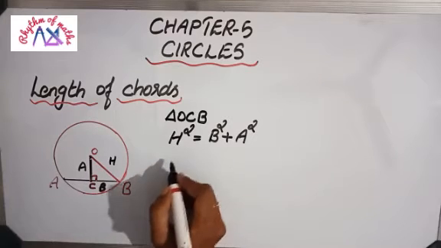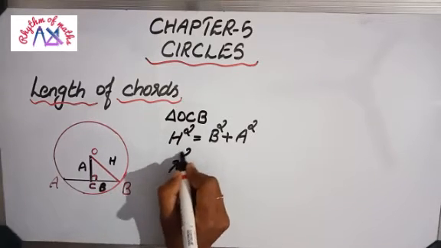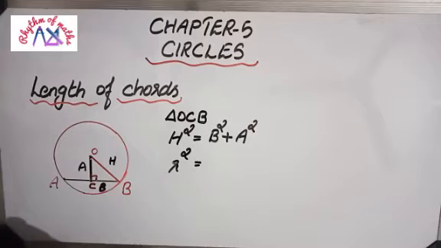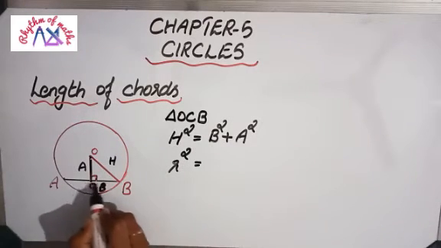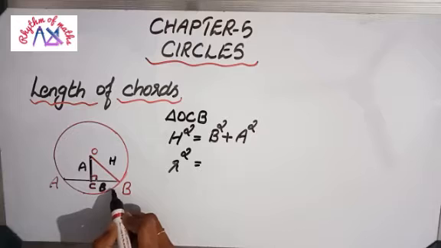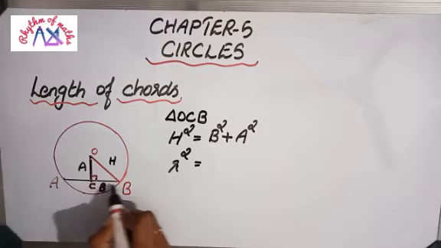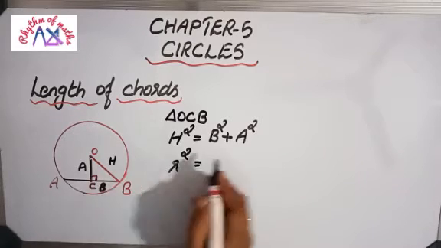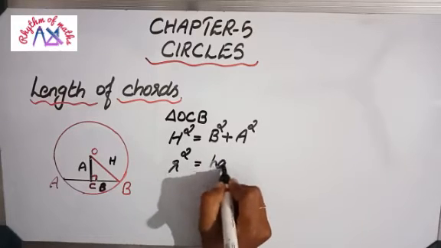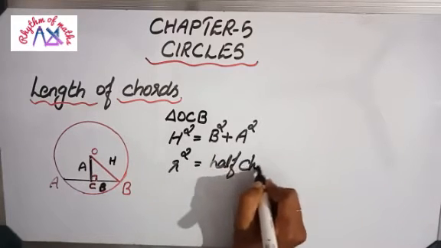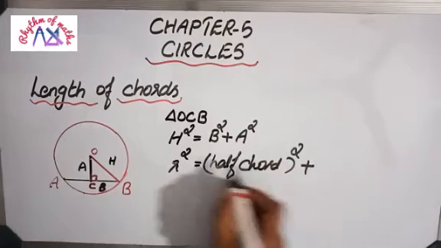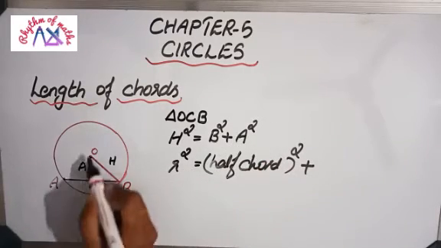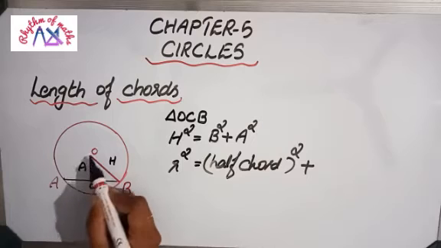So we can write radius square is equal to base square. Base is half of the chord, CB is half chord. So half chord whole square plus altitude square.